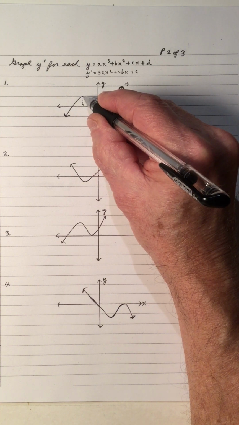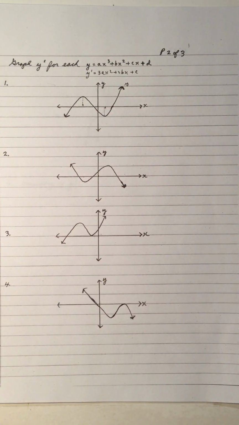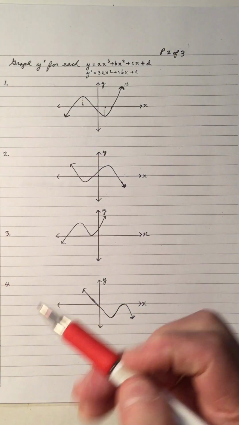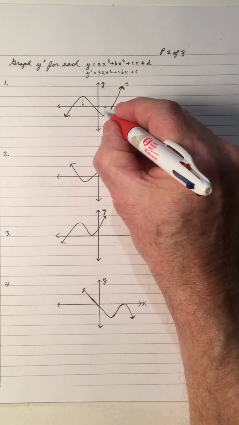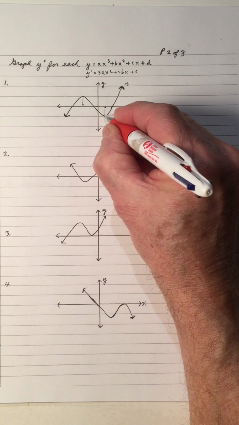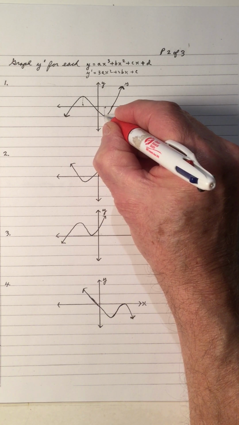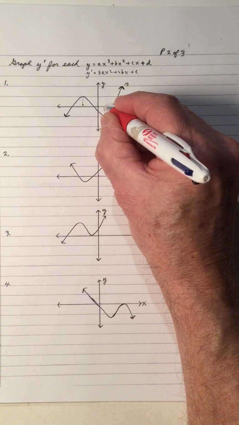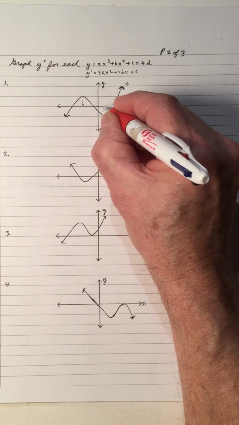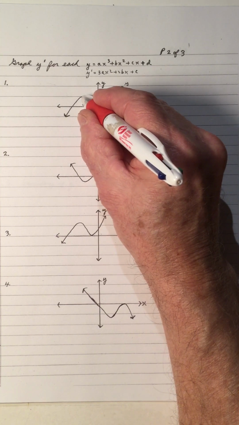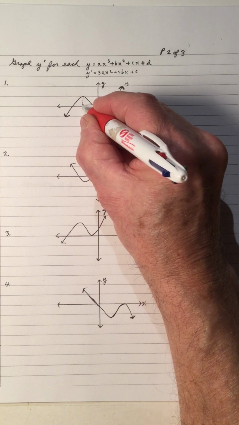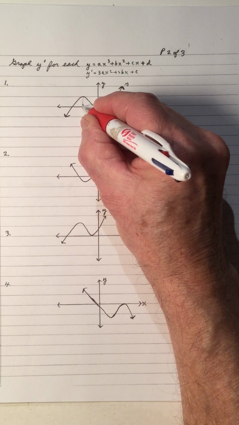In relation to y prime, whatever this x coordinate is for the minimum point, this x value here is this one right here, and this x value for the maximum point goes to here.